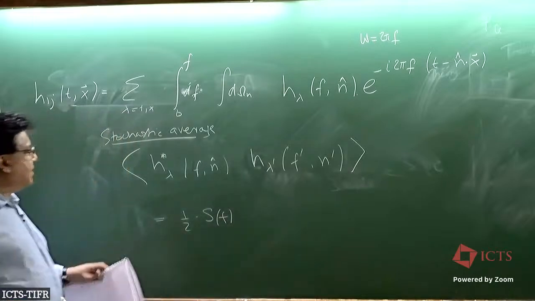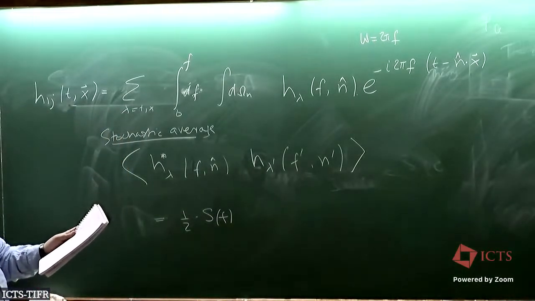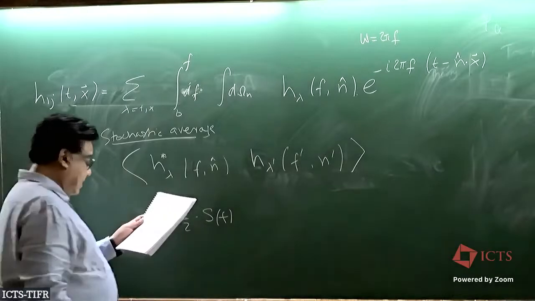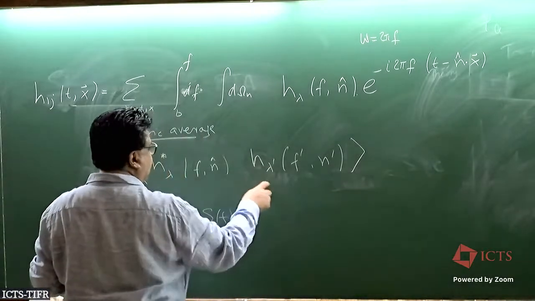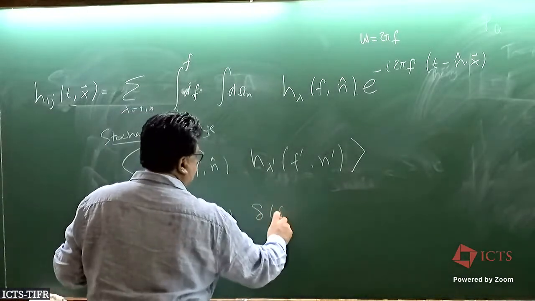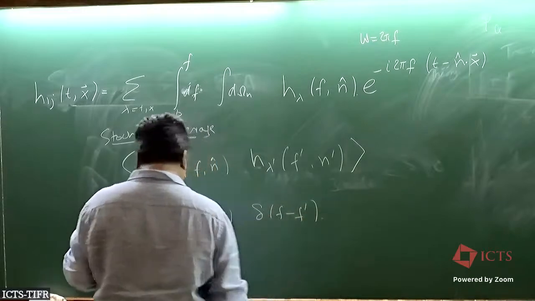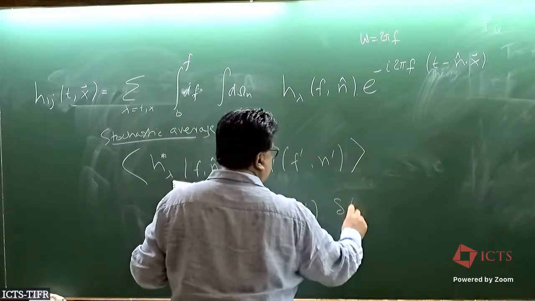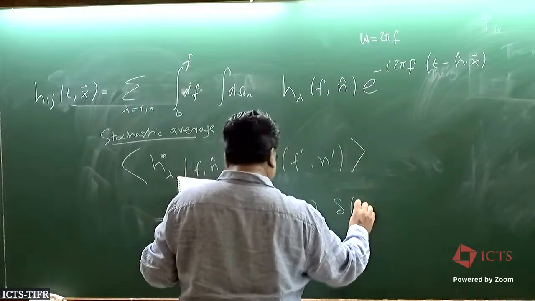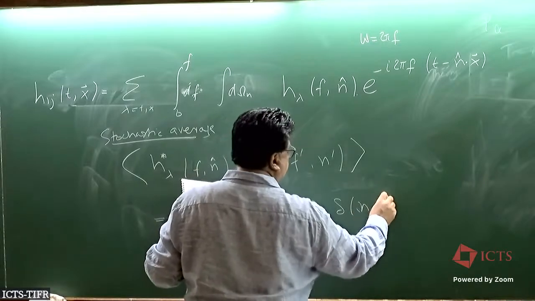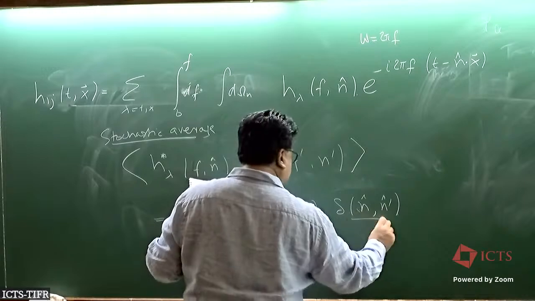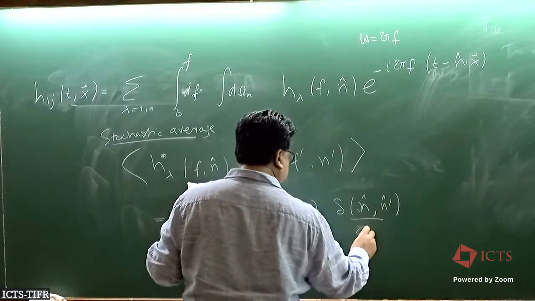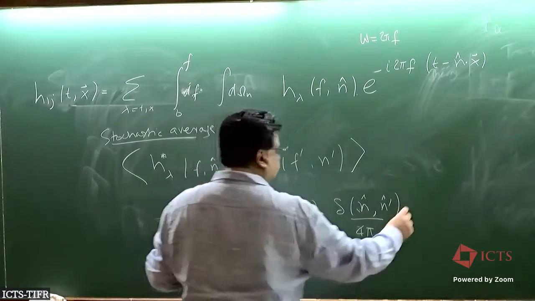I'll just tell you what the power spectrum is: this will be some function of f, delta function of f minus f prime, delta function of n and n prime, with 4 pi for normalization.